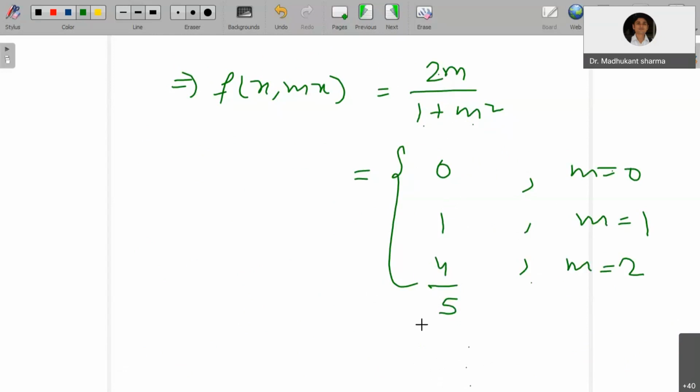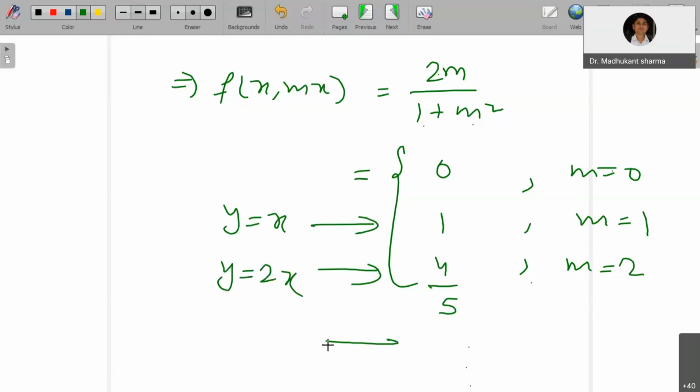So from this observation, we can say the limit does not exist. Because this is along the line y equals x, this is along the line y equals 2x, and another line is y equals 3x. Along every path it should take a unique value, and only then can you talk about the existence of the limit.